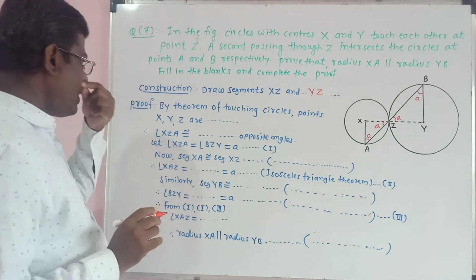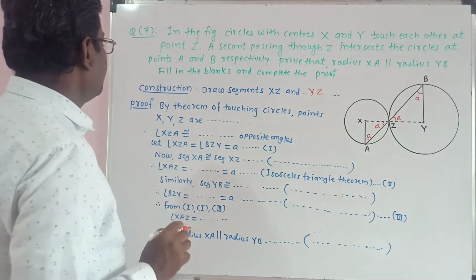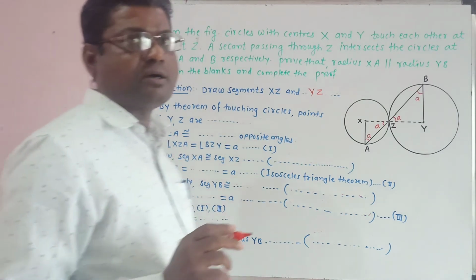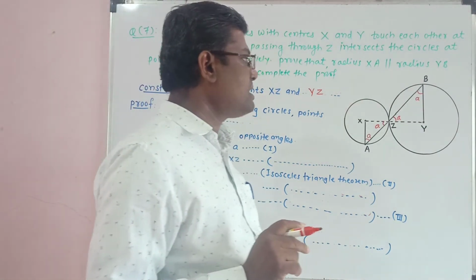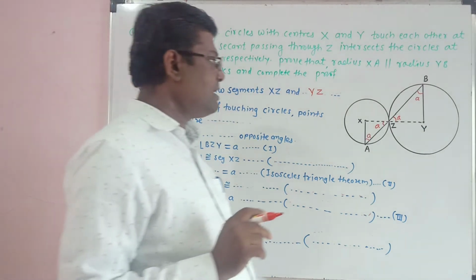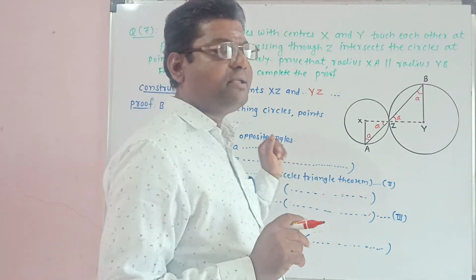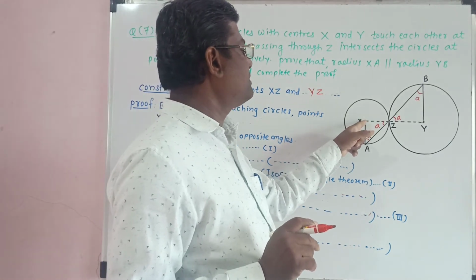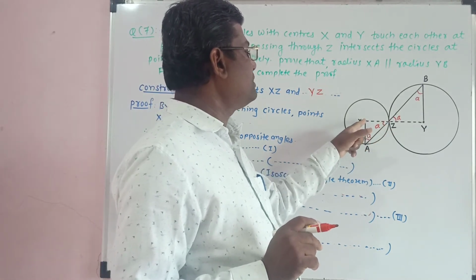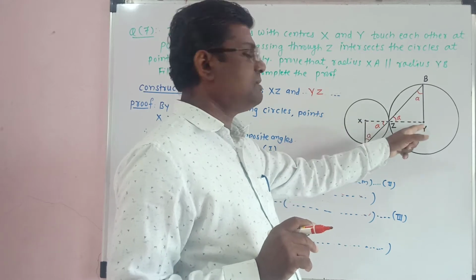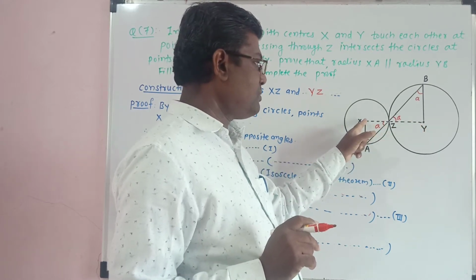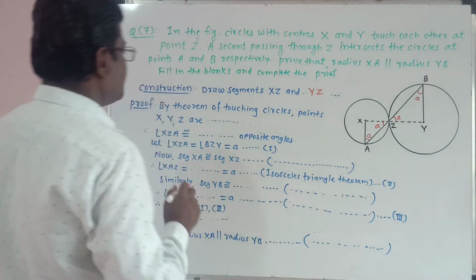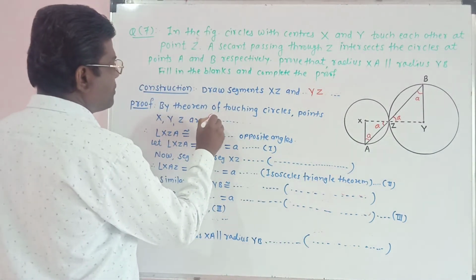Now by theorem of touching circles, X, Y, Z are dash dash. If two circles touch each other externally, then their point of contact lies on the line joining their centers. That is, the point Z lies on the line joining the centers X and Y. That is, the points X, Z, Y are collinear. Therefore, here we write collinear.